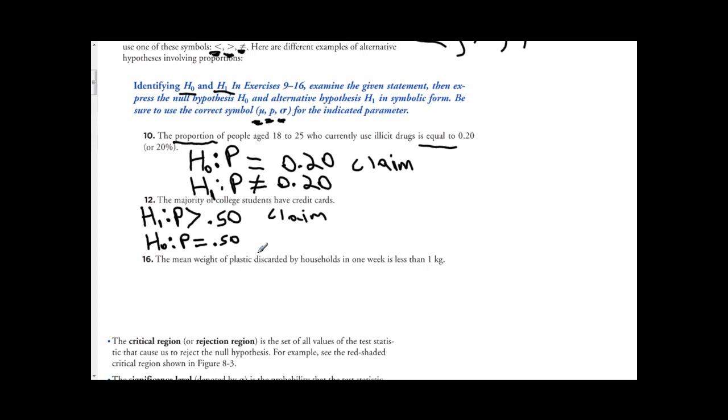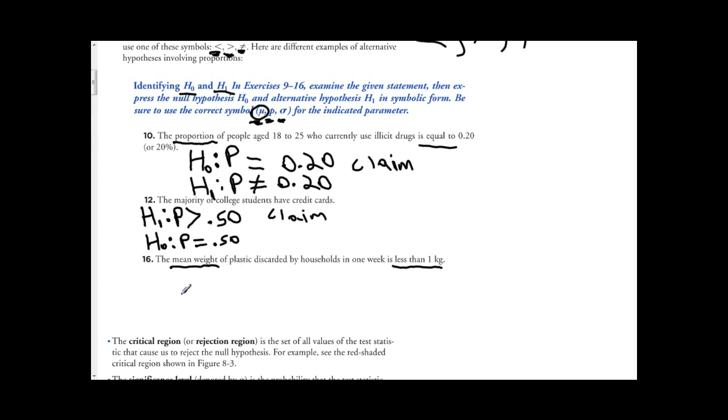The mean weight of plastic discarded by households in 1 week is less than 1 kilogram. Now this one is a claim about a mean weight, and it's saying that the mean weight is less than 1 kilogram. So in order to make a claim about a mean, we're making a claim about the population mean, which is mu.